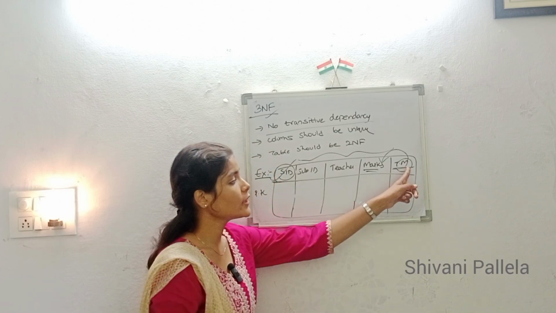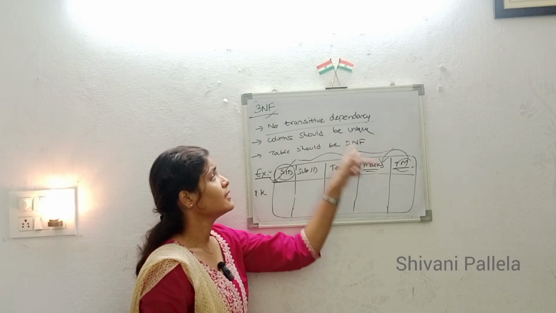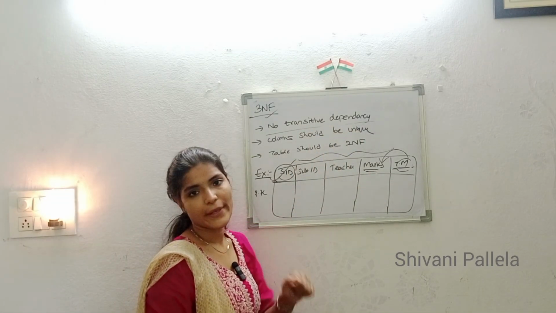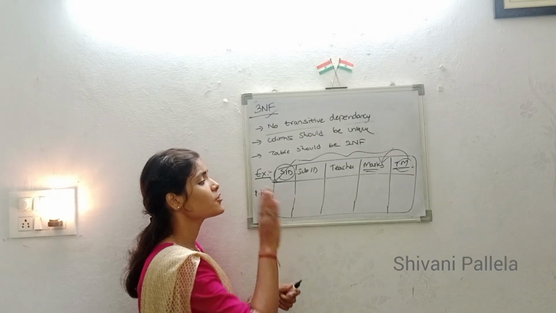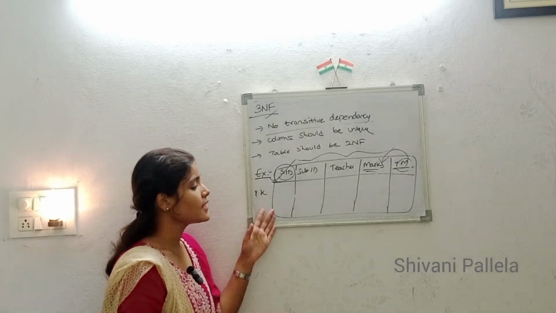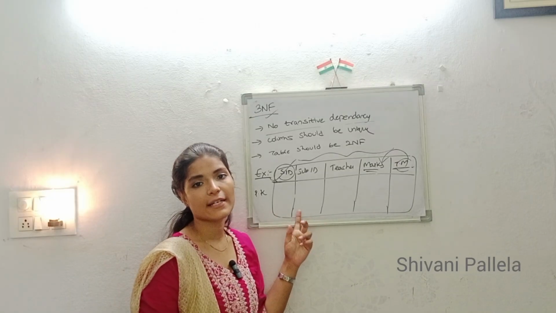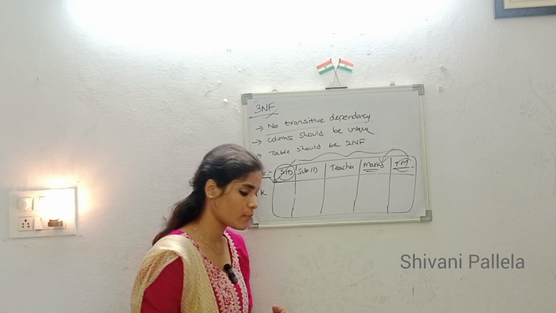So where one non-key attribute is depending on another non-key attribute, there is a transitive dependency. But according to the third normal form rules, there should not be a transitive dependency, hence this table is not in the correct form. We should decompose this table into third normal form.